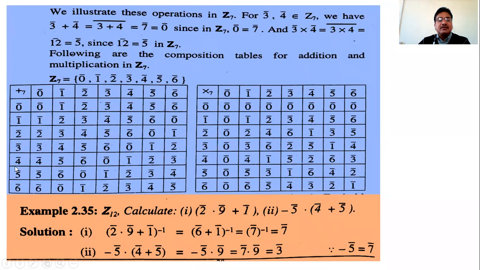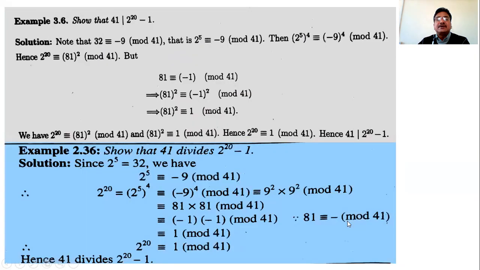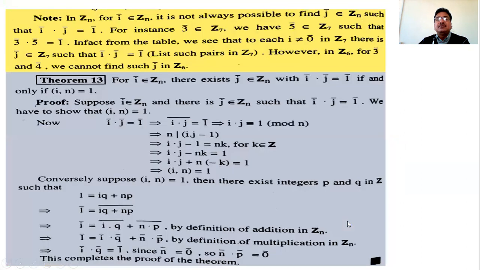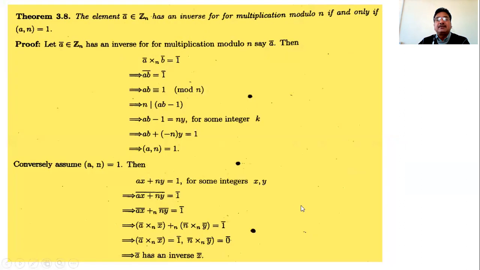Like this, the additive inverse of 5 bar in Z7 is 2 bar, so in Z7, minus 5 bar is 2 bar. But in Z12, minus 5 bar is 7 bar. This is the additive inverse, not the multiplicative inverse. So the notation for additive inverse is minus 5 bar, or minus a bar.